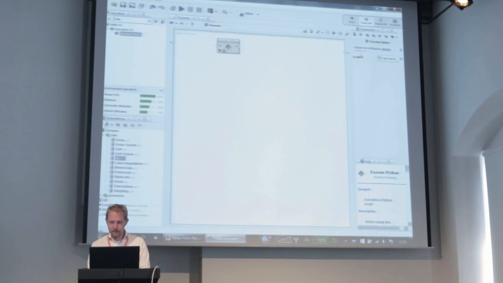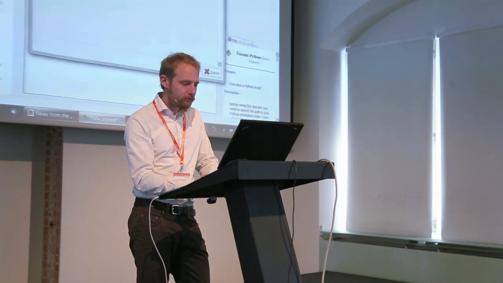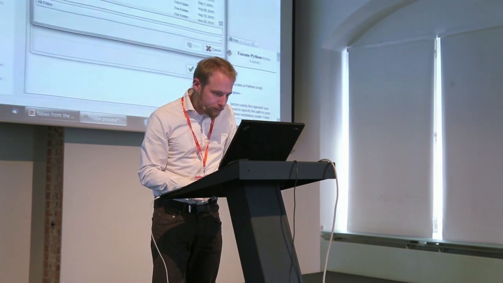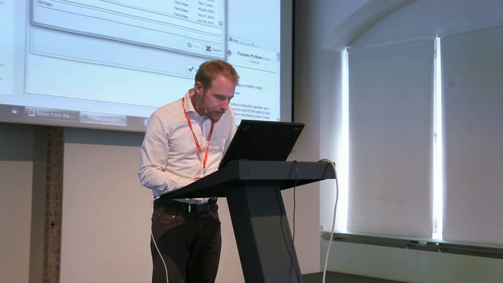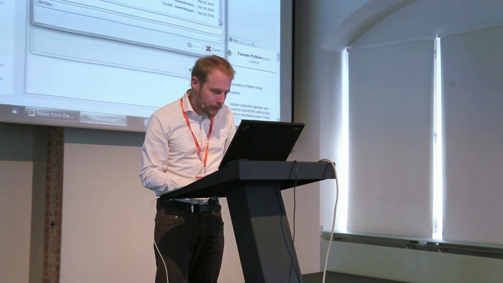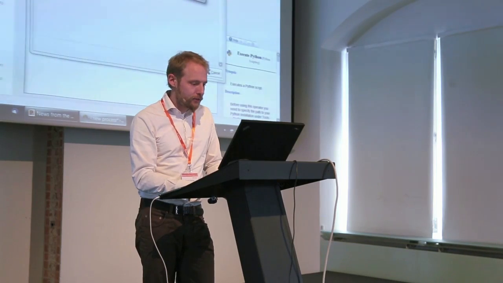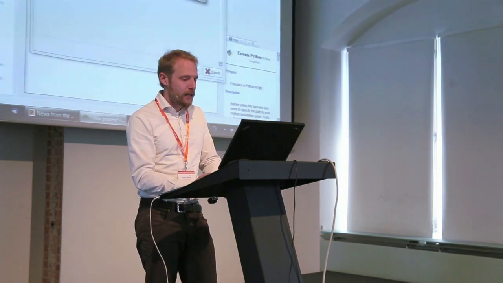In case that is not set, when you start RapidMiner for the first time, you will see this. You drag in the execute Python operator. Probably it has been auto-configured, auto-detected. If not, you just click here and select the folder. That's Anaconda, the Python distribution. You just pick the Python executable, and then you can click test, and it will show you we detected Python 2.7.10, and all is good.